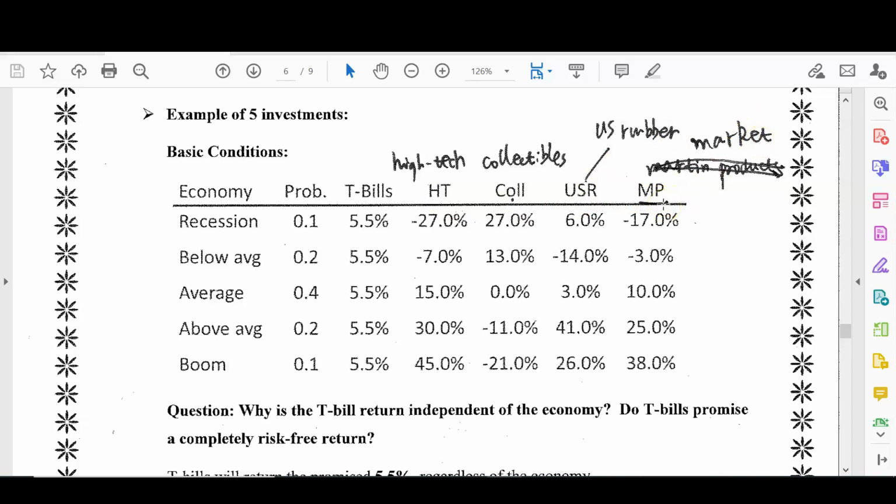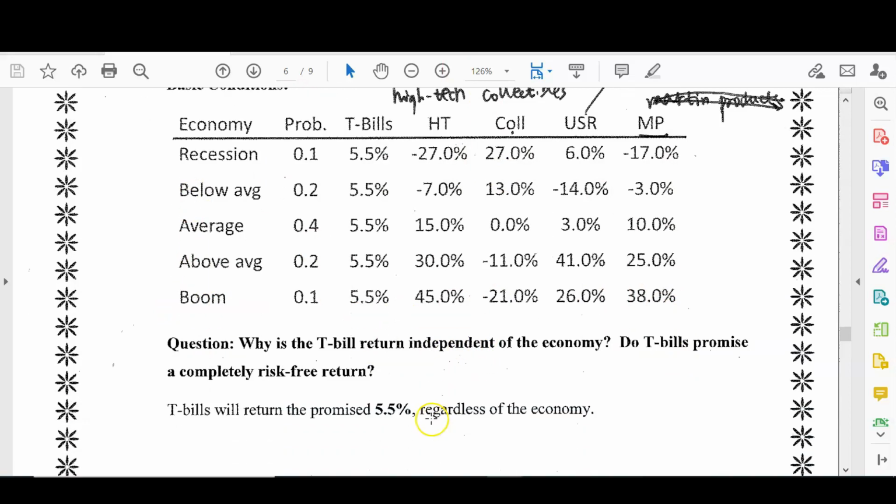MP is the market index. For each scenario, the probability is 0.1, 0.2, 0.4, 0.2, 0.1. For treasury bills, all the returns are the same no matter how the economy is doing. All the other returns are volatile when the economy changes.